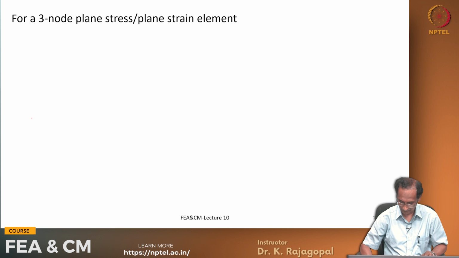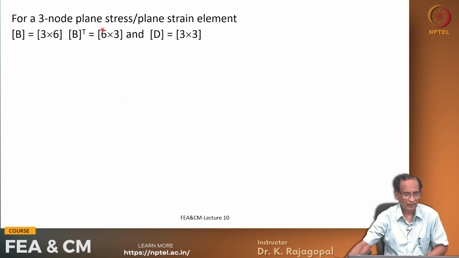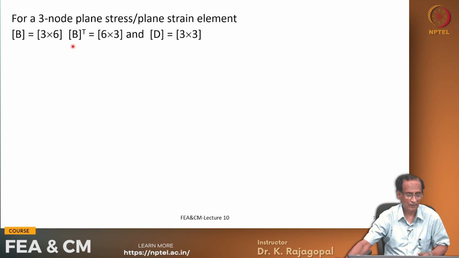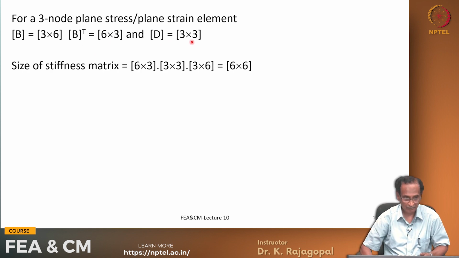So, for the 3 node plane stress and plane strain elements, our B matrix is a 3 by 6 matrix, with 3 rows corresponding to 3 strains and 6 columns corresponding to 6 degrees of freedom. Our B transpose is 6 by 3 and D is 3 by 3.